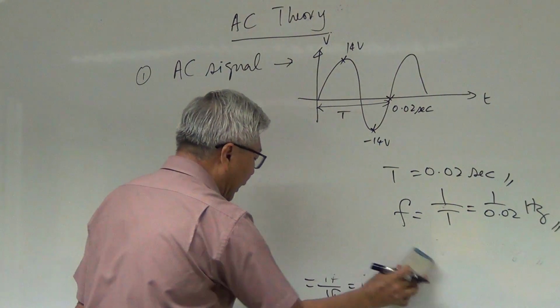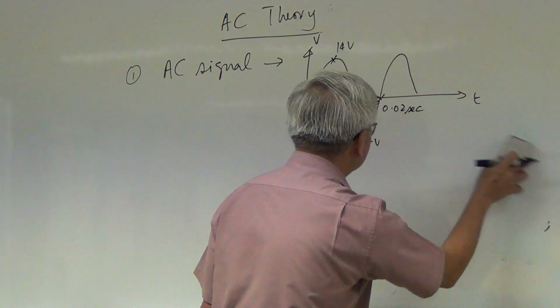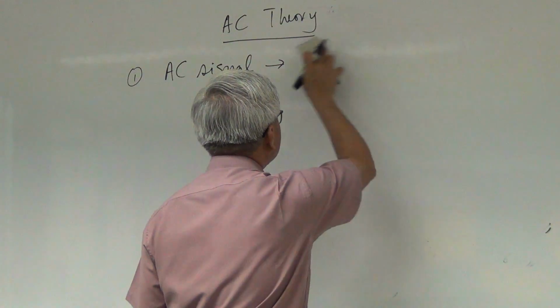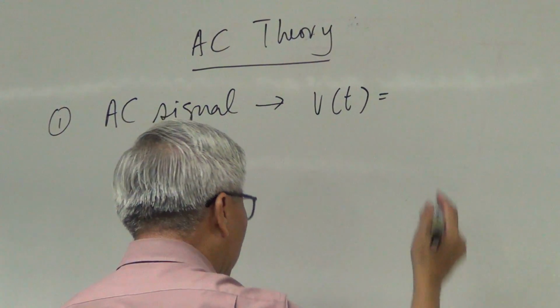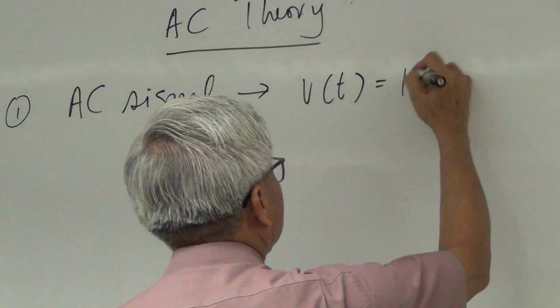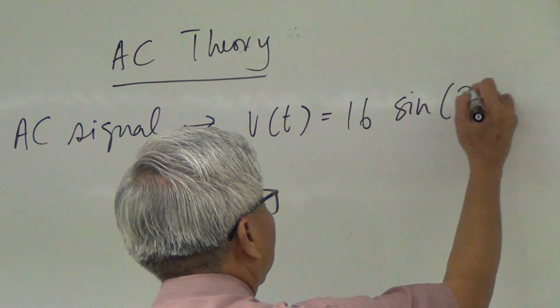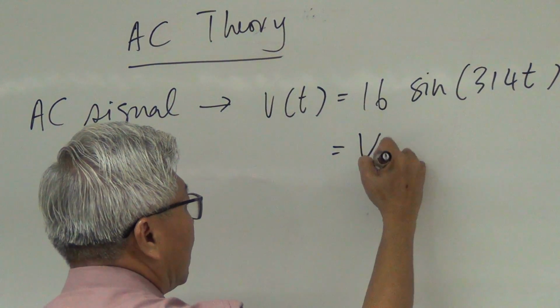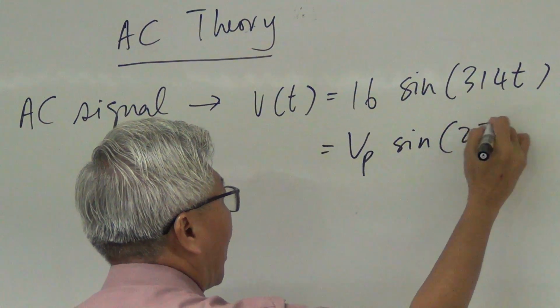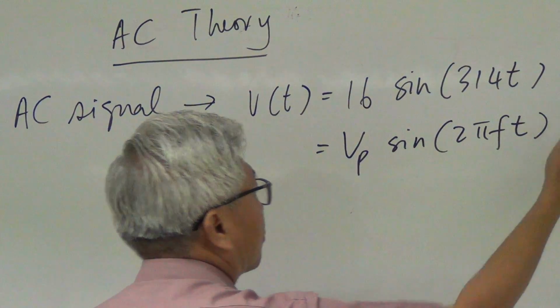Now, the second way of representing the sine wave, as I said just now, is the sinusoidal expression. So if I give you a sinusoidal expression of 16 sine 314t volts, it is actually Vp sine 2 pi ft volts.